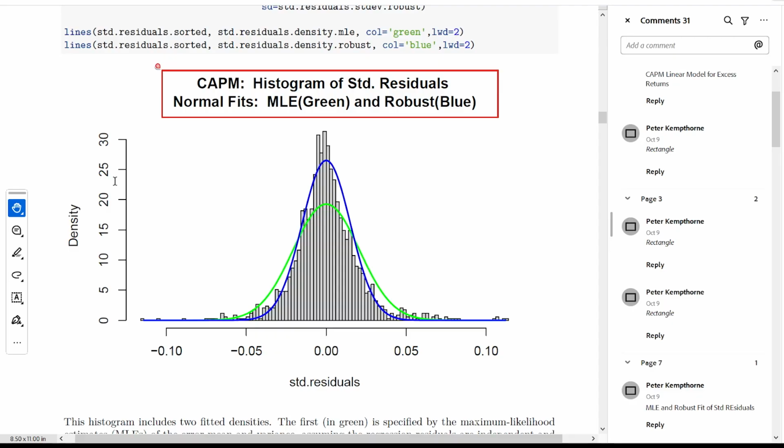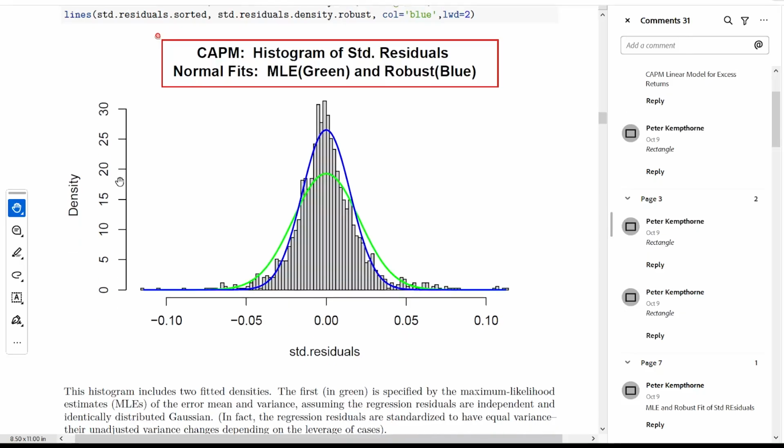But there's also a blue curve which corresponds to a robust estimator of the normal distribution parameters. So we just talked a bit about normal linear regressions and them being optimal. Well, they're optimal so long as the normal distribution applies.